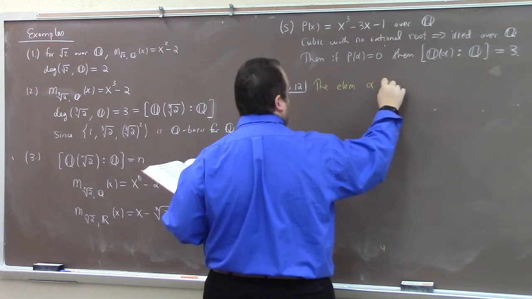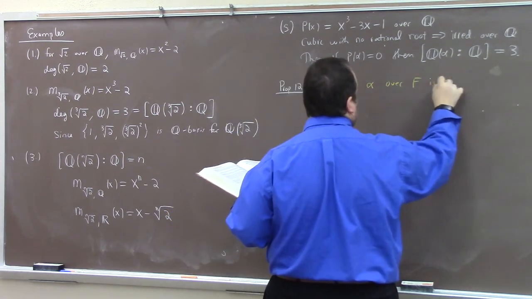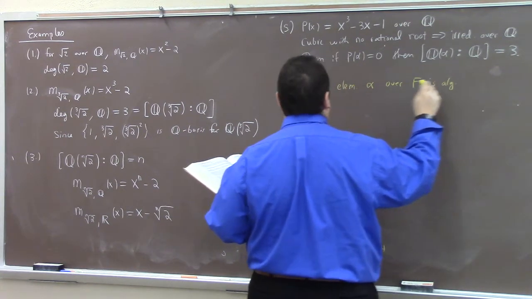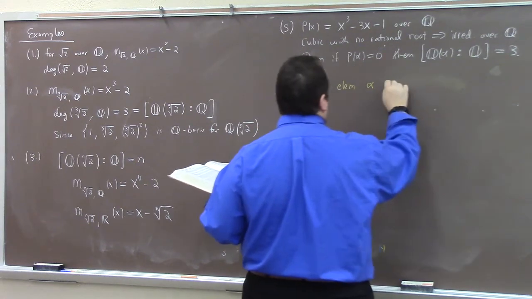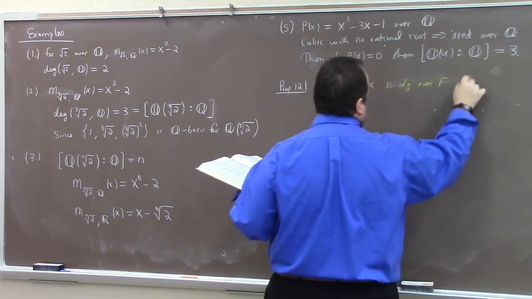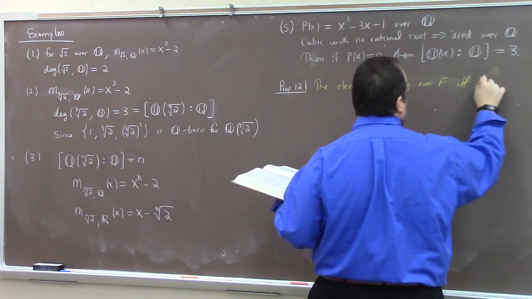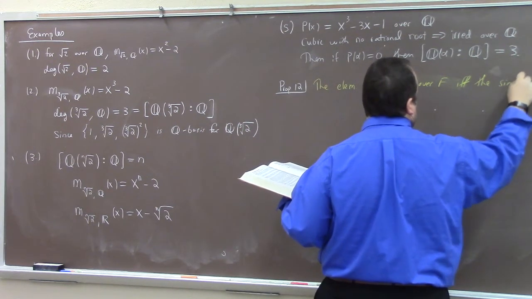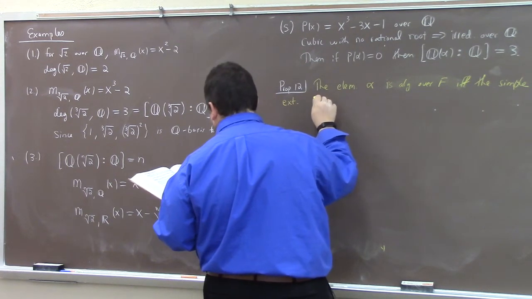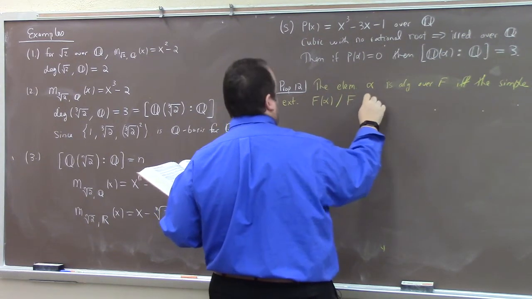The element alpha is algebraic over F if and only if the simple extension F of alpha over F is finite.